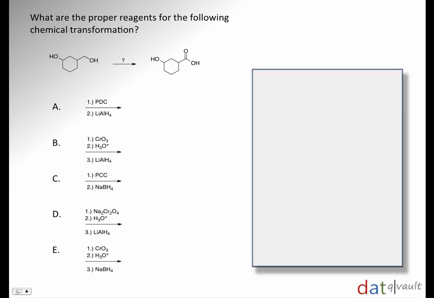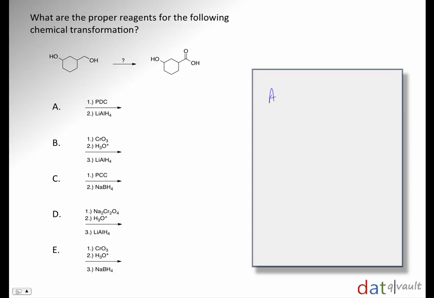So which oxidation reagents are strong enough to do that? Well, it's going to be the aqueous chromium reagents. So we need either chromium trioxide, or potassium or sodium dichromate in the presence of a strong acid to be able to do that.